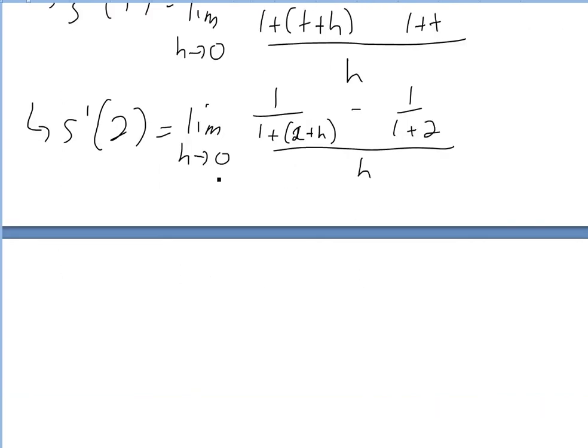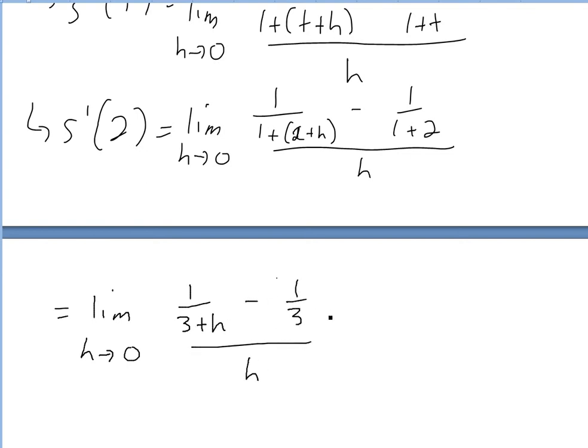If we simplify this, we get the limit as h approaches 0 of 1 over 3 plus h, minus 1 over 3, all divided by h. Now we can combine the top part using a common denominator by multiplying the top and bottom by like terms, and I'll show you what I mean. Multiply the top and bottom by 3 on this one, and on the right side multiply the top and bottom by 3 plus h.